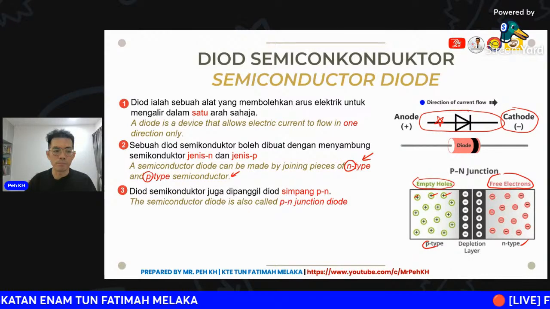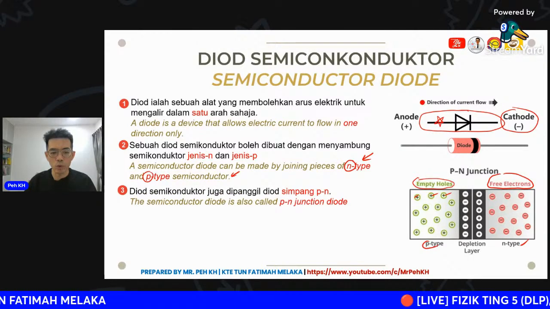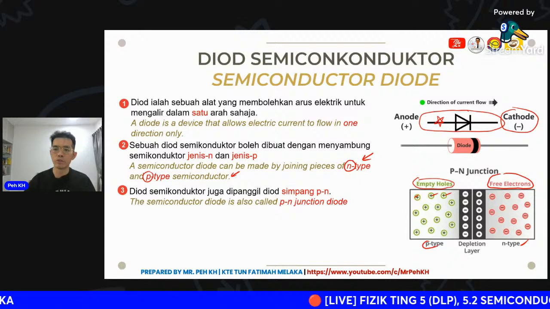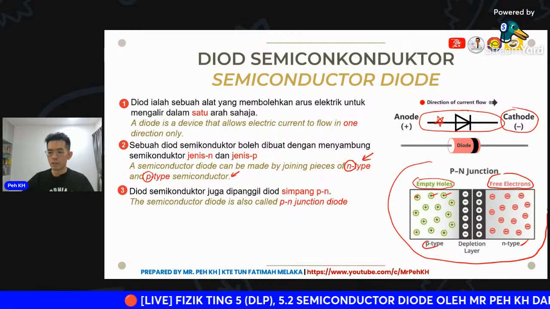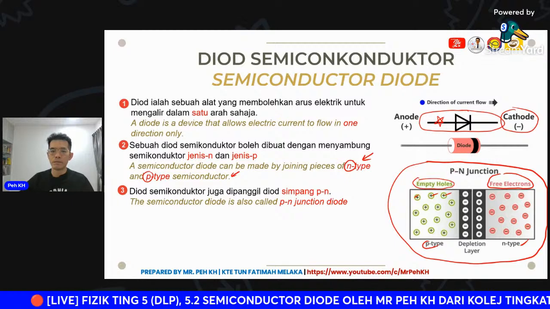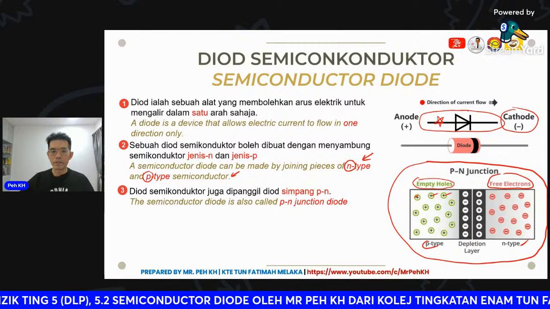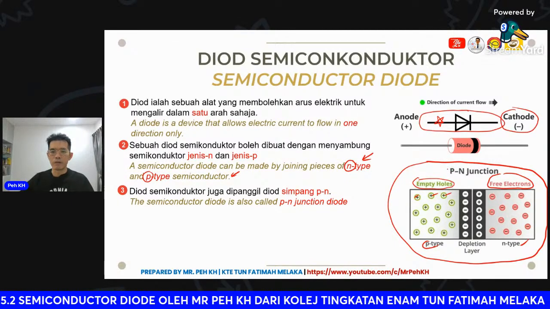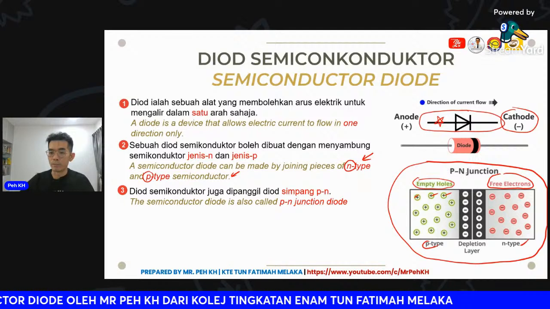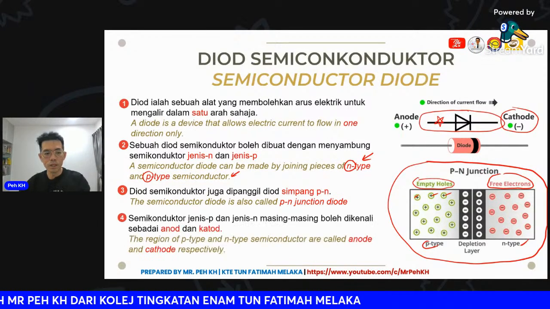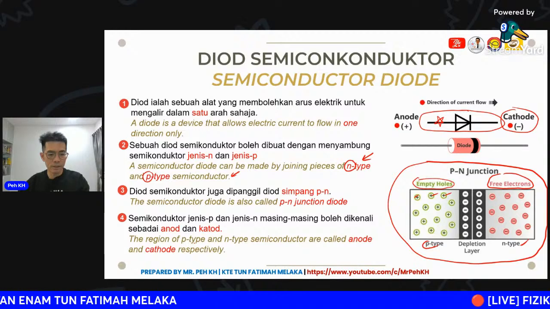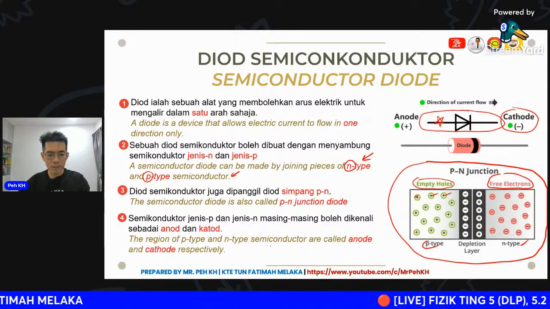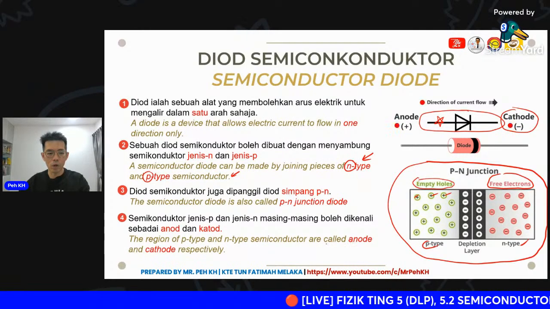So the semiconductor diode is also known as a PN junction diode. You can look at this figure. The diode has another name, which is the PN junction. The regions of the P-type and N-type semiconductor are called the anode and cathode respectively.